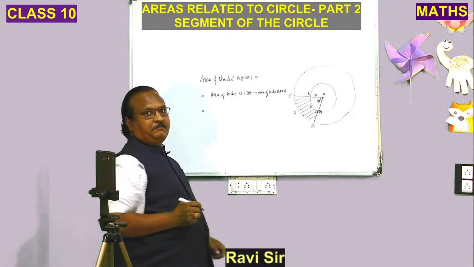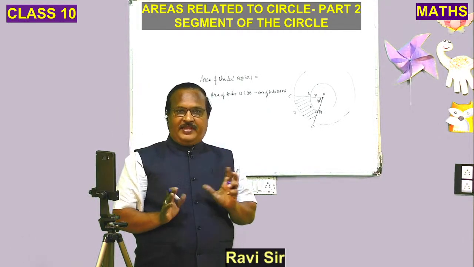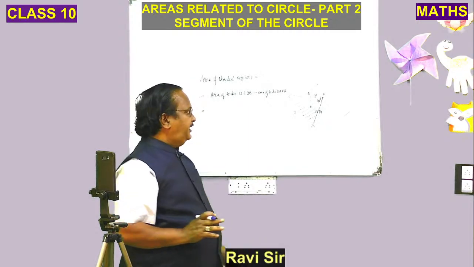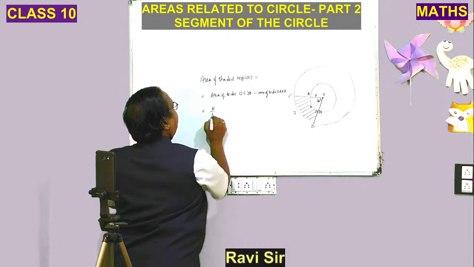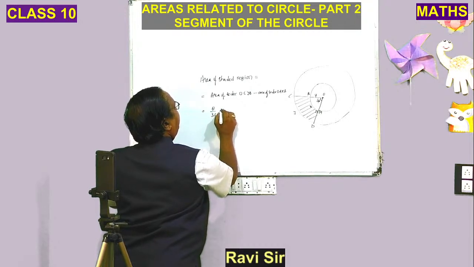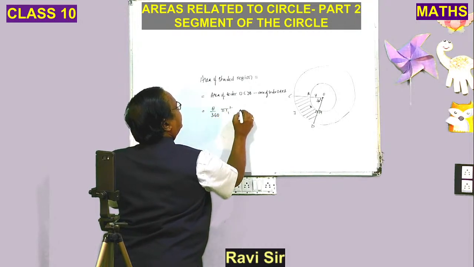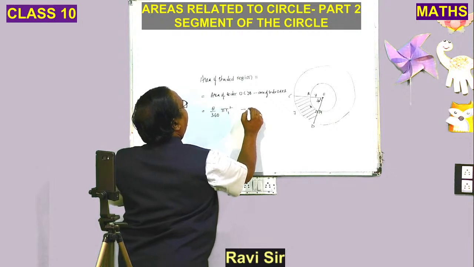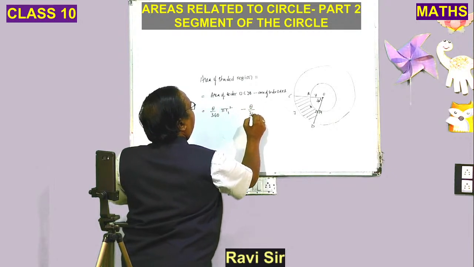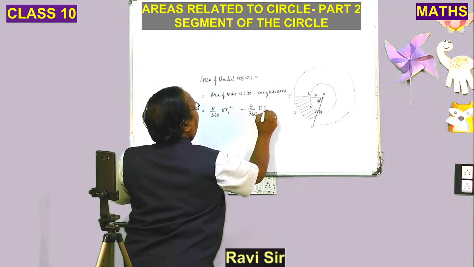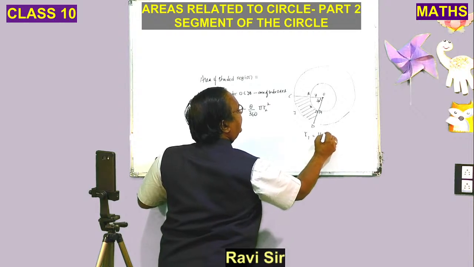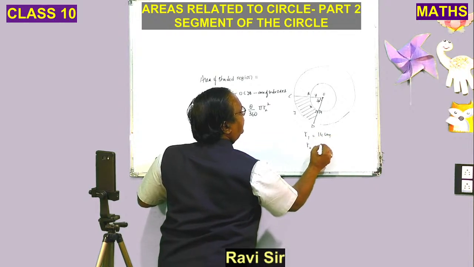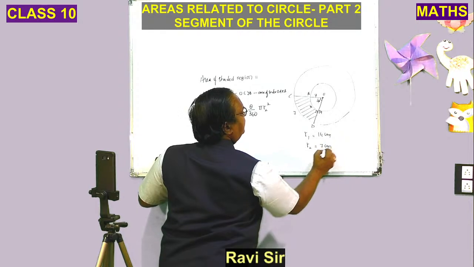Okay. So don't find out separately, because for both the things it is a sector. Now theta by 360, both sectors have the same angle, pi r square, let us say r1, okay, minus theta by 360 pi r2 square. R1 is equal to bigger 14 centimeters and R2 is equal to 7 centimeters smaller, and theta is equal to 40 degrees.